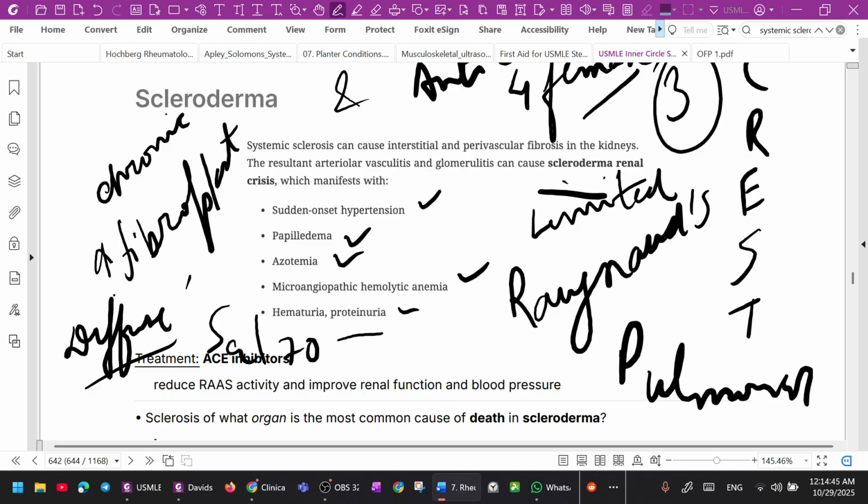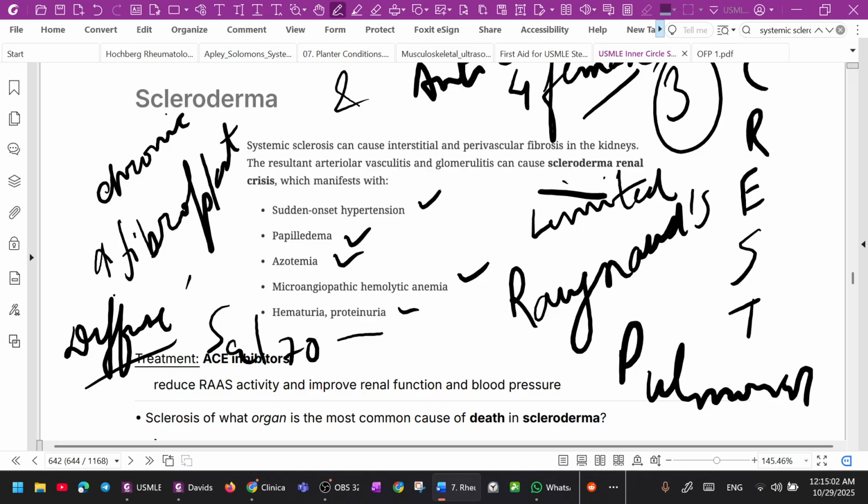There is high risk of pulmonary hypertension in limited cutaneous systemic sclerosis with anti-centromere antibody. The most common cause of death in systemic sclerosis is respiratory involvement: interstitial lung disease and pulmonary hypertension.